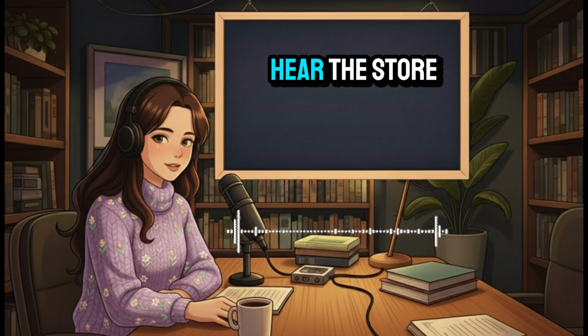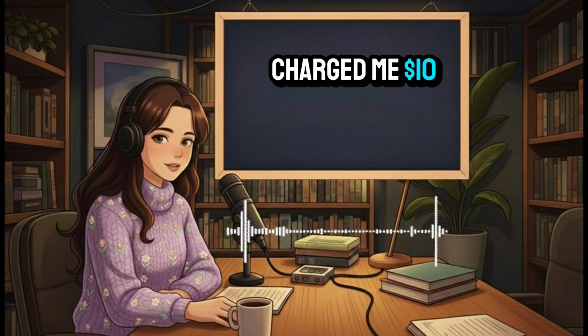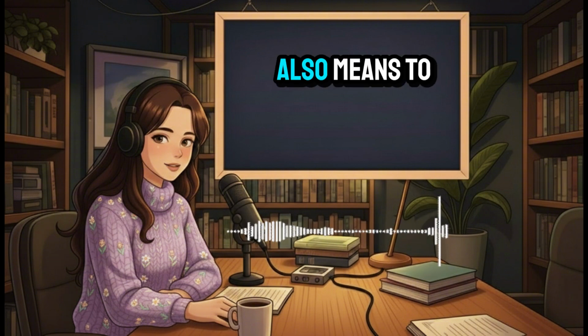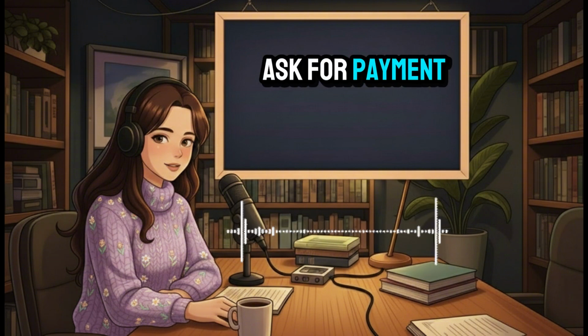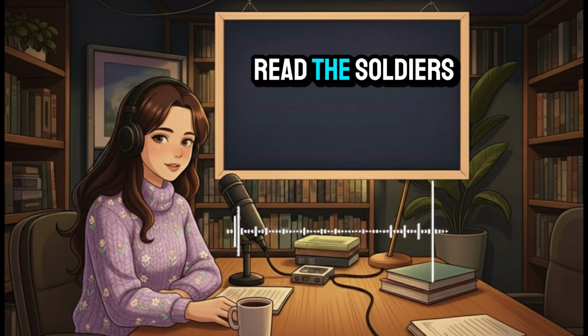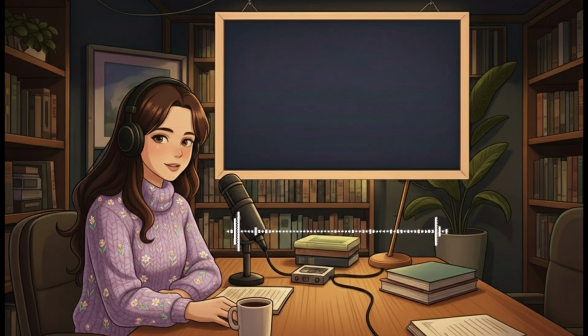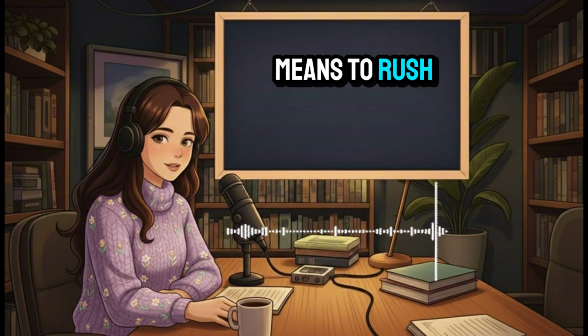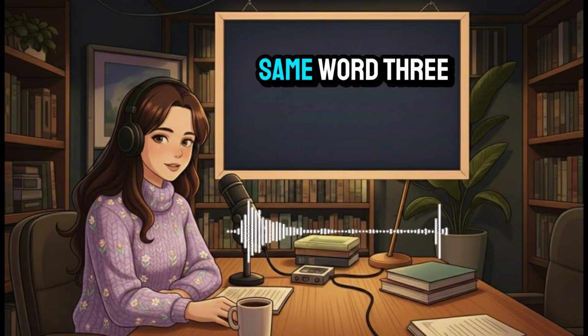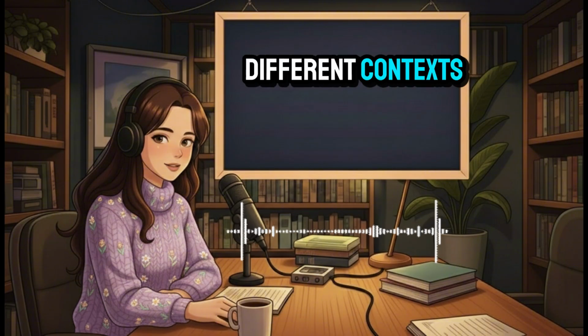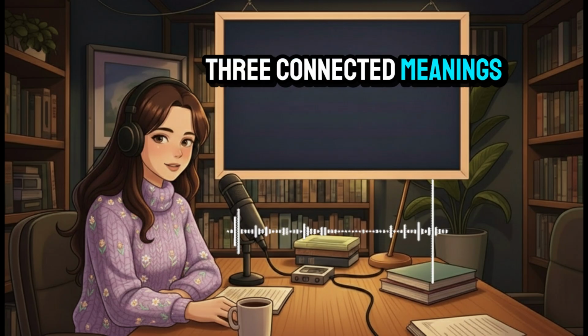Later, if you hear, the store charged me $10, you realize it also means to ask for payment. Then if you read, the soldiers charged forward, you notice it means to rush or move quickly. Same word, 3 different contexts, 3 connected meanings.